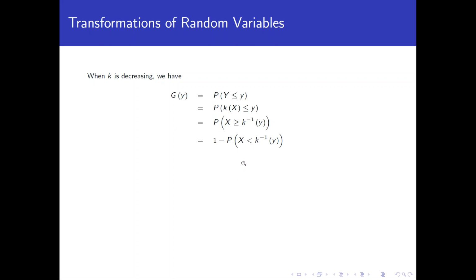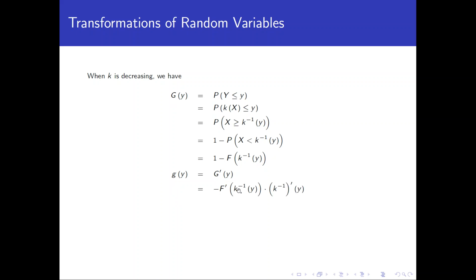The probability of the complement. And now we have 1 minus the distribution function of x evaluated at the k inverse function. And now, just like we did in the previous slide and like we've done probably 50 times before, take the derivative of the cumulative distribution to find the probability density function.